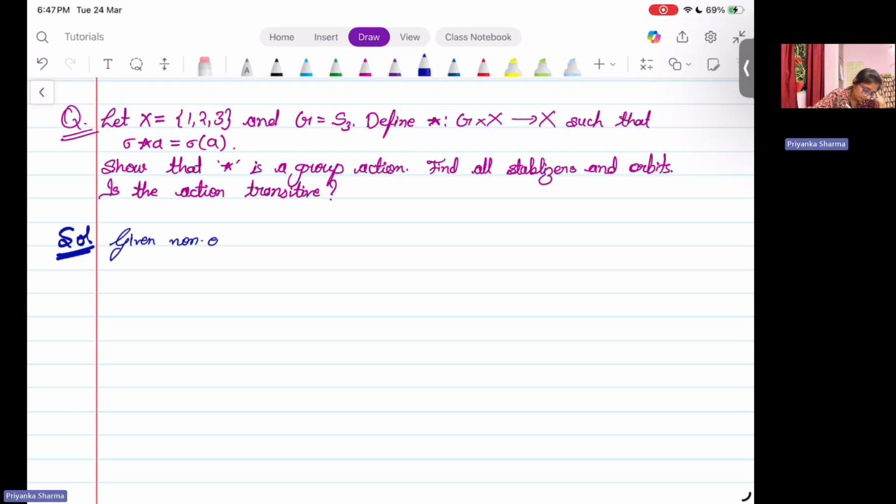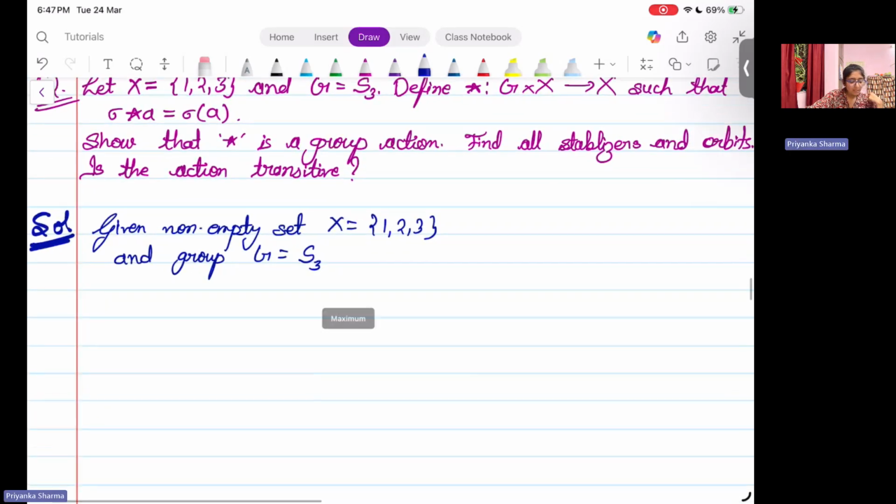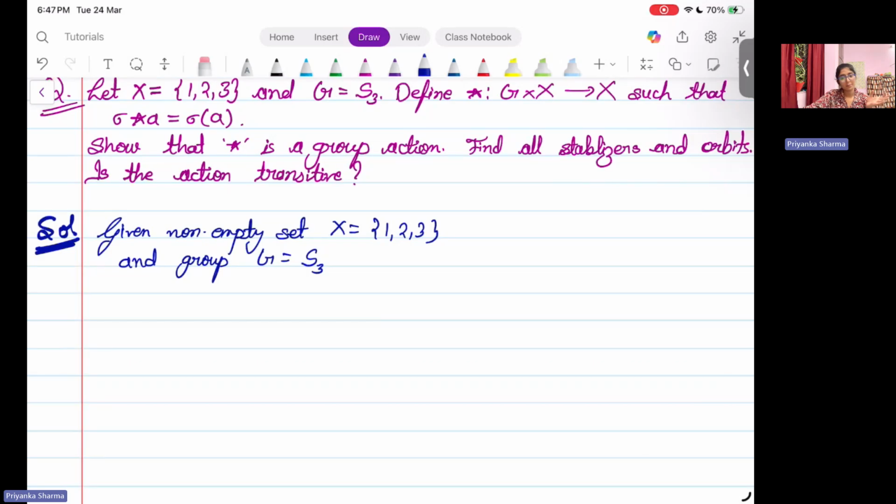So the given non-empty set is X = {1, 2, 3}, and the group G is S3. That is the group of all permutations from this set {1, 2, 3} onto itself.